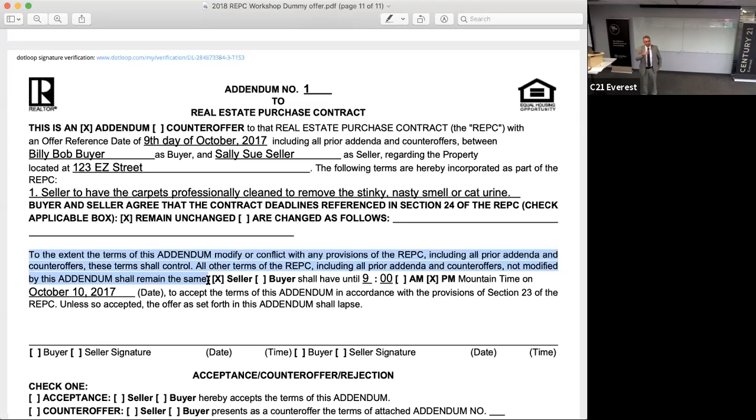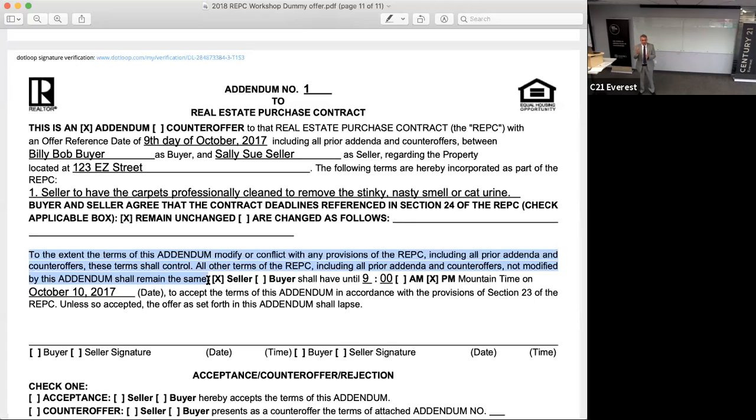What happens though now if it appraises for $30,000 less than the list price? The buyer's going to argue, you agreed, Mr. and Mrs. Seller, that we would pay you cash and that you would sell it to us for, let's say, $7,000 above the appraised value.